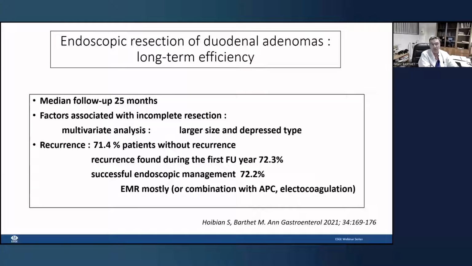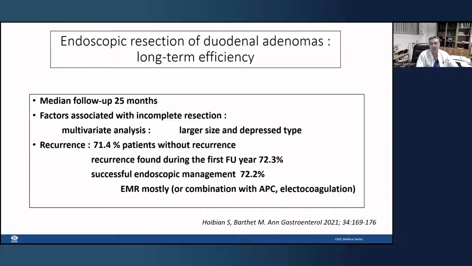71% of the patients had no recurrence at all, and nearly 3/4 of the recurrences were found during the first year of follow-up. So usually I take back the patient at 6 months, because if you take back the patient at 3 months, sometimes you have false positive or false negative.